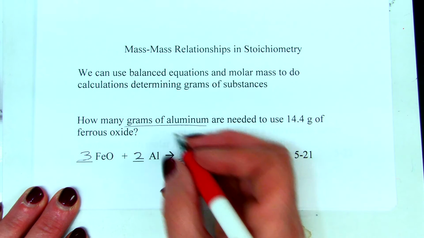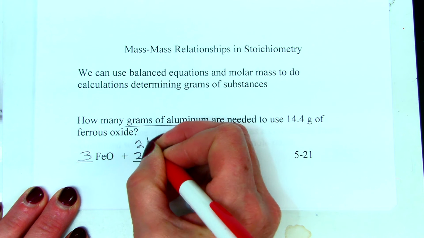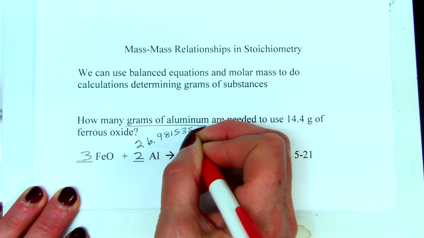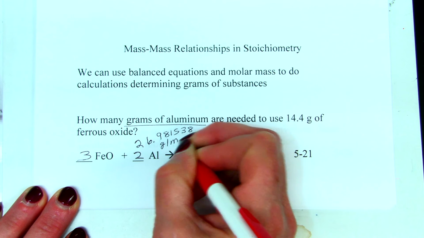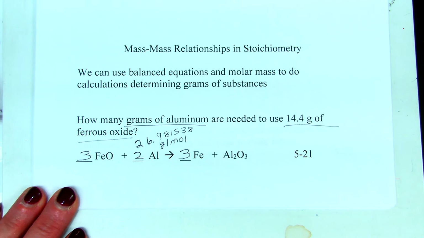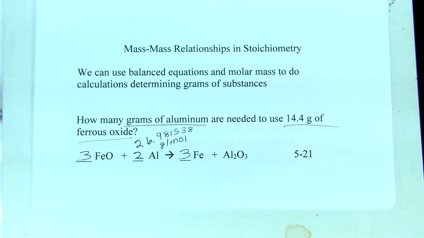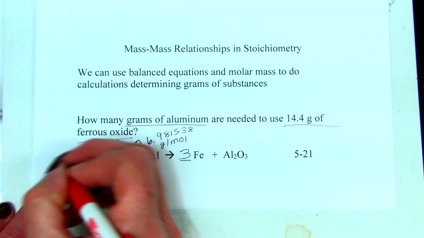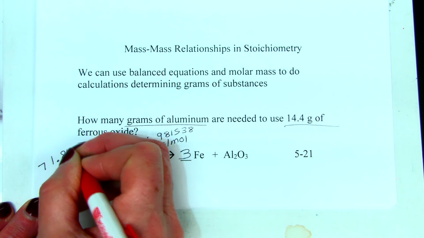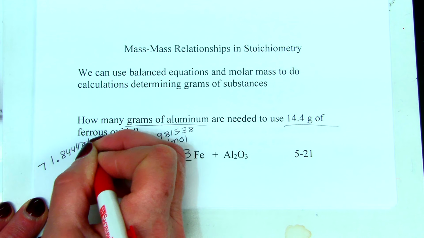I looked that up on the chart. It's 26.981538 grams per mole for aluminum. And I have information about grams of the ferrous oxide, so I calculate that. That is 71.8444 grams per mole.